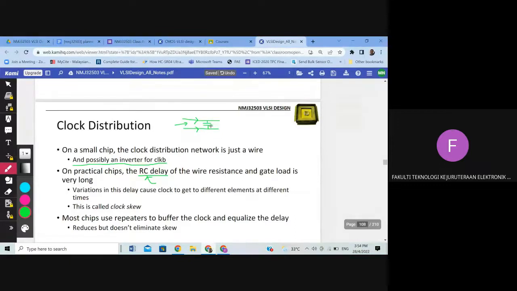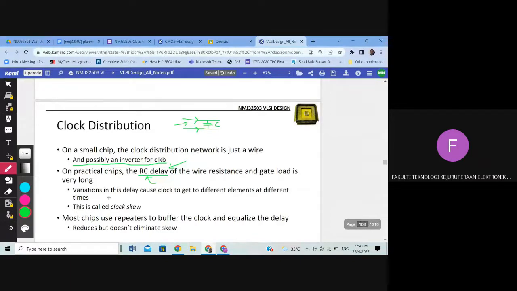We don't want that in our design, but we cannot avoid it. This element of C and R inside the wire introduces delay, and that delay degrades the performance of our design.